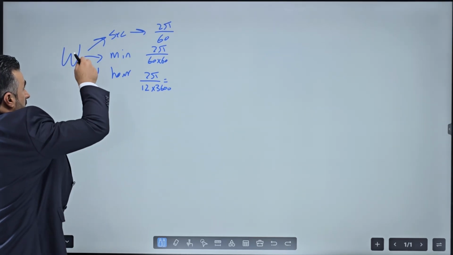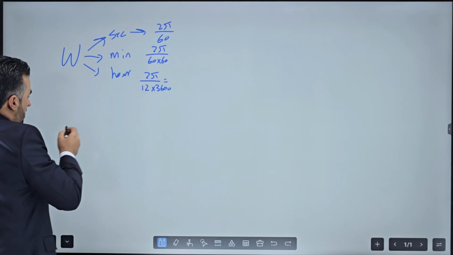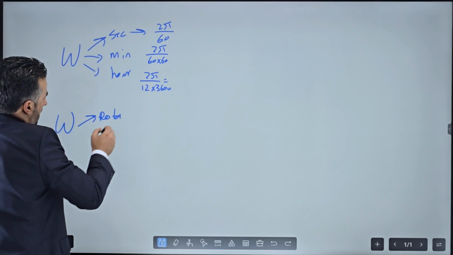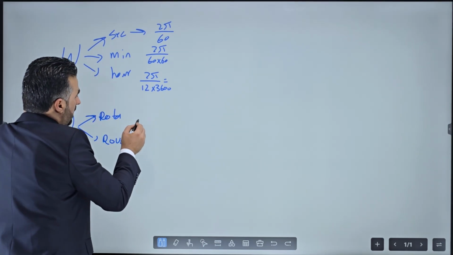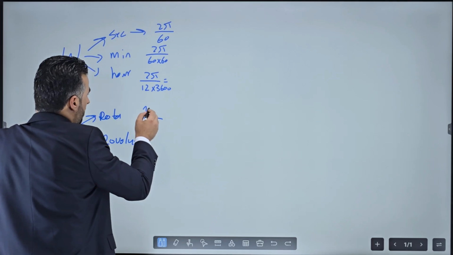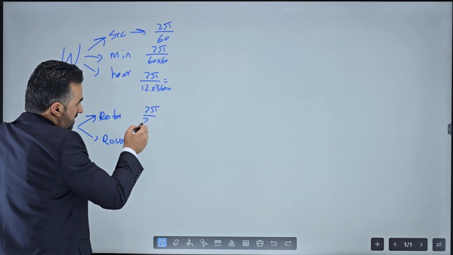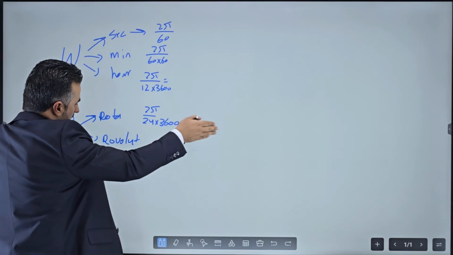So remember, the angular speed for the hands of the clock is always constant. And we said the angular speed for Earth's rotation and revolution is also constant. So once again, that is 1 rev, or 2 pi, divided by, for rotation, 24 hours, every hour is 3,600 seconds, and you can simply do that.